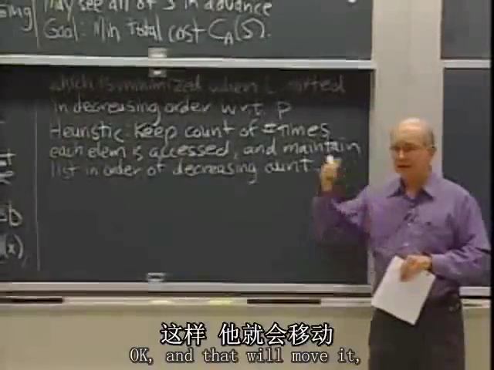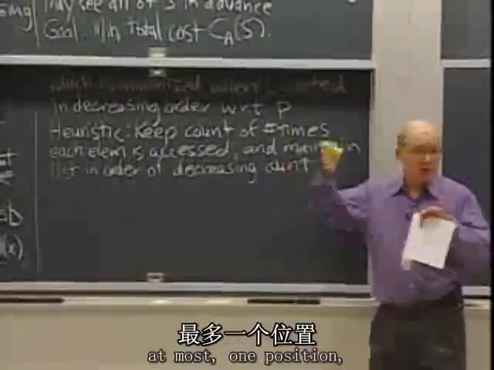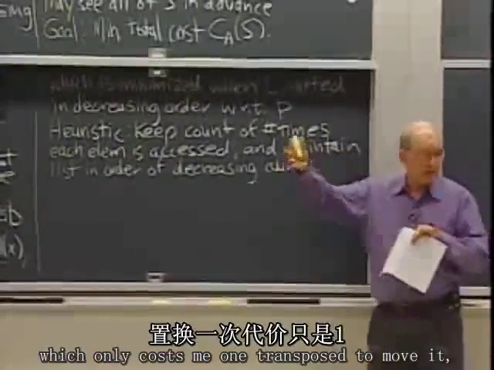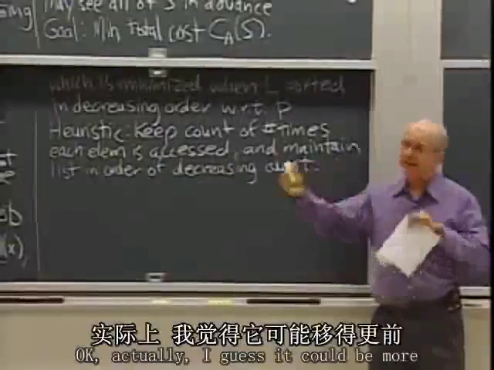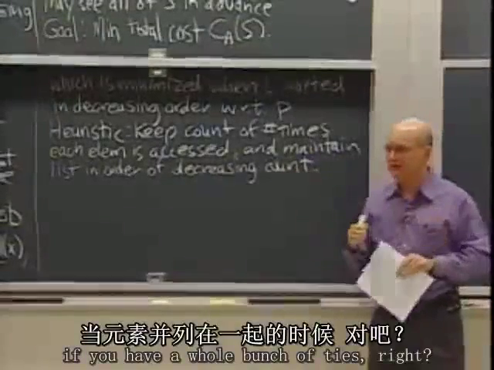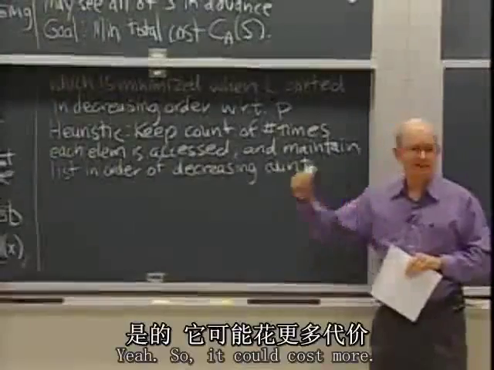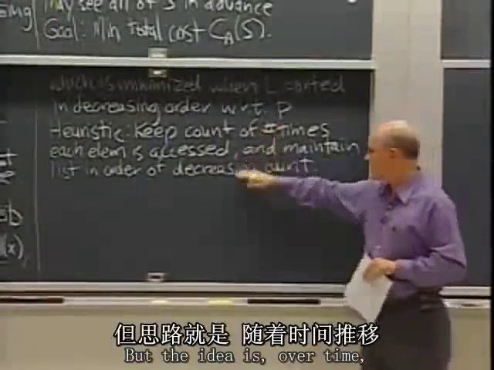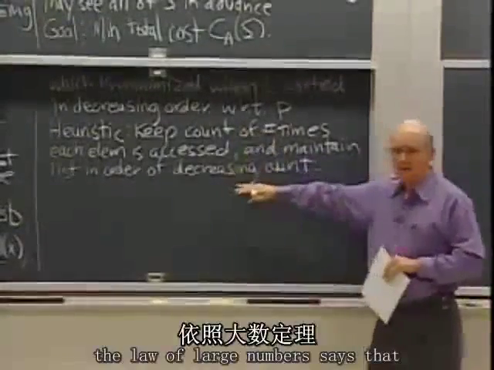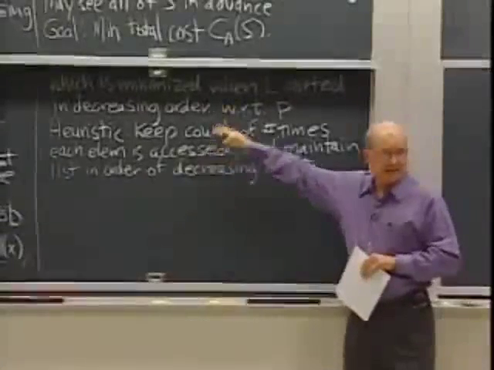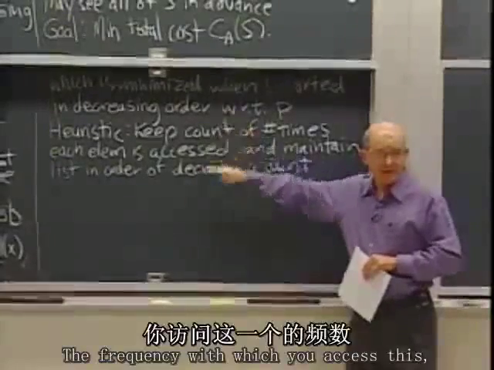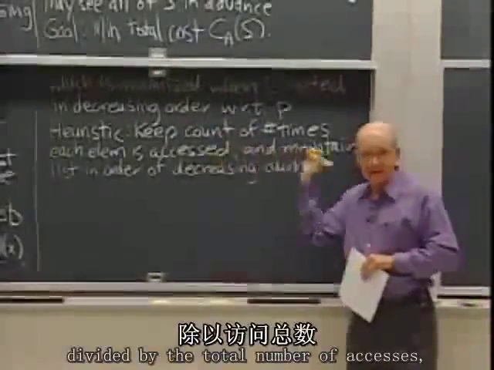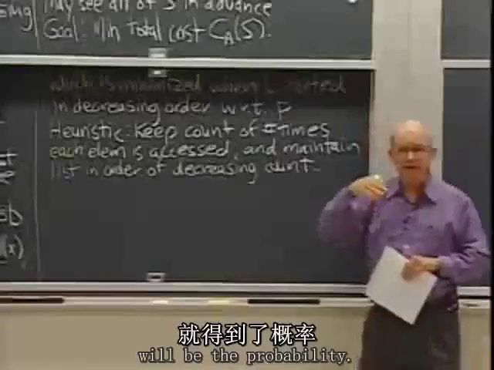That will move it at most one position, which only costs one transpose, although it could cost more if you have a whole bunch of ties. But over time, the law of large numbers says this will approach the probability distribution, because the frequency with which you access an element divided by the total number of accesses will be its probability.